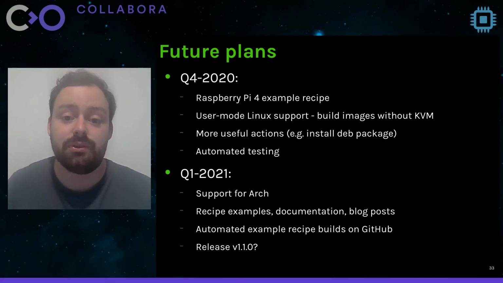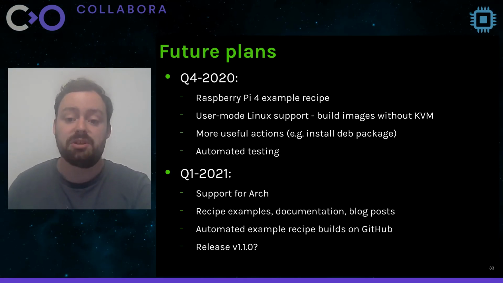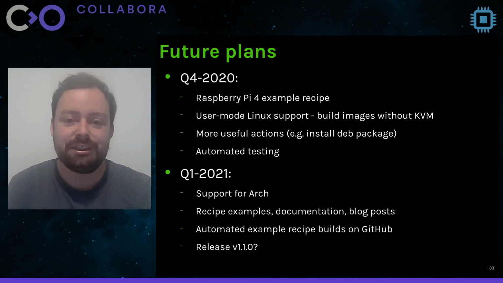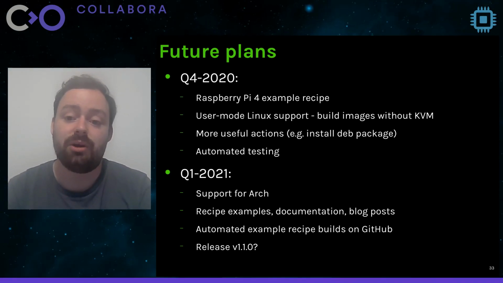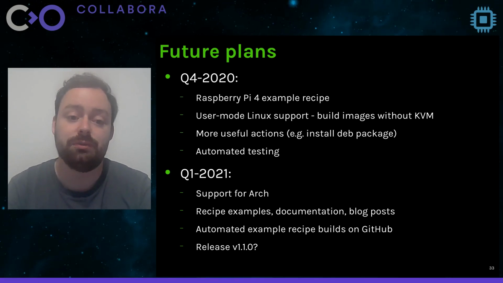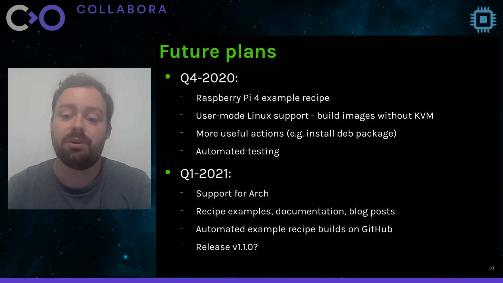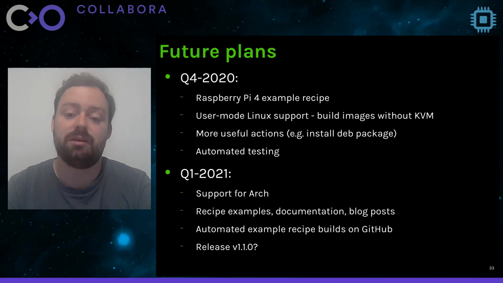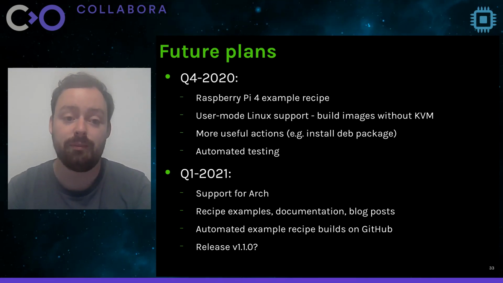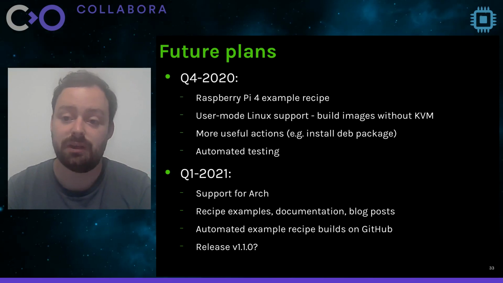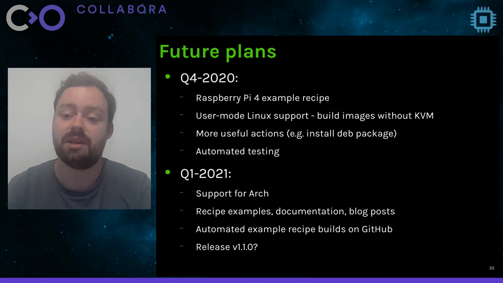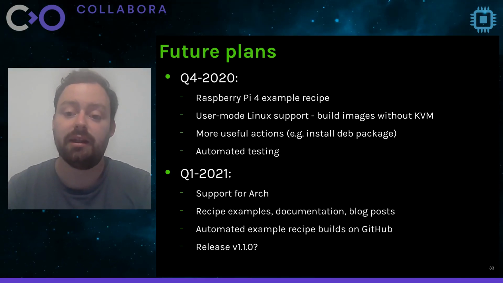So the future plans we've got for Debos, some of these actually are already finished. By the end of this year, we wanted to have a Raspberry Pi 4 example recipe, which we've now got. Instead of the fake machine just running under KVM for a virtual machine, we wanted to add user mode Linux. So we could build images without KVM, and this works quite nicely.